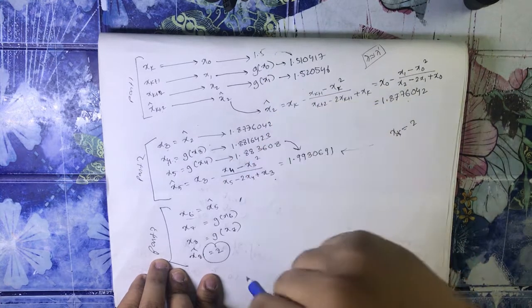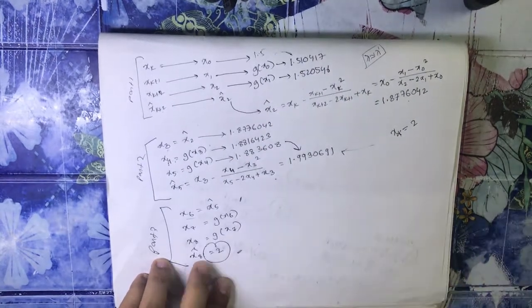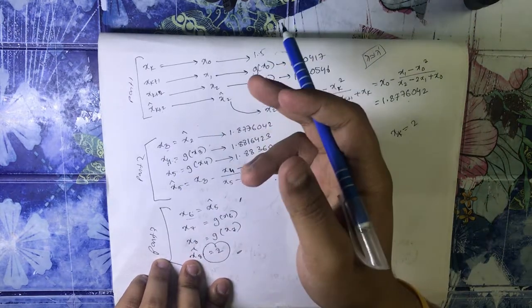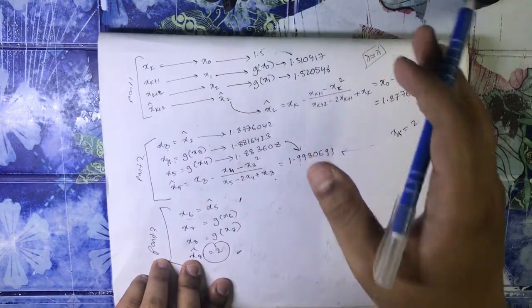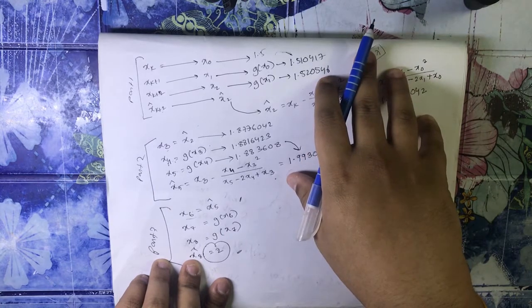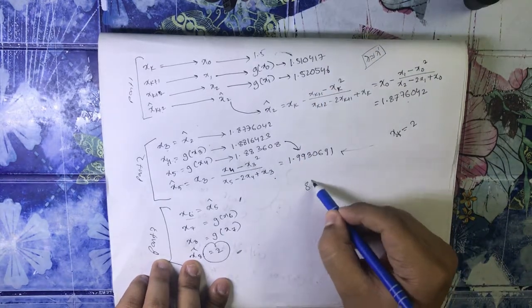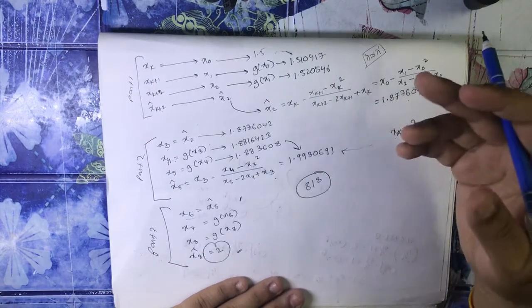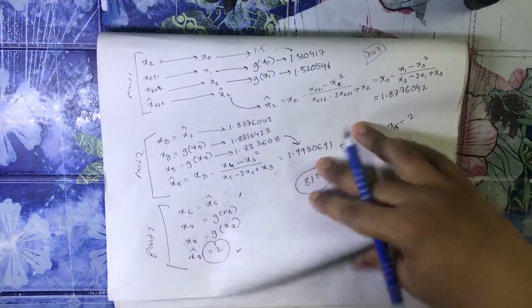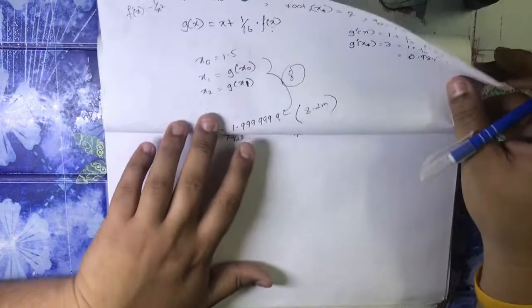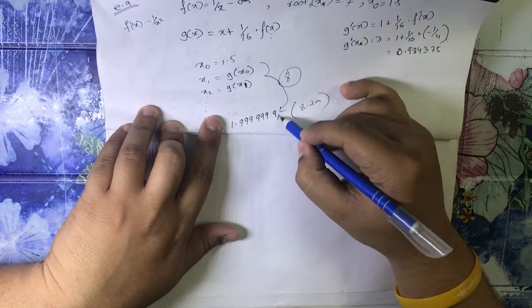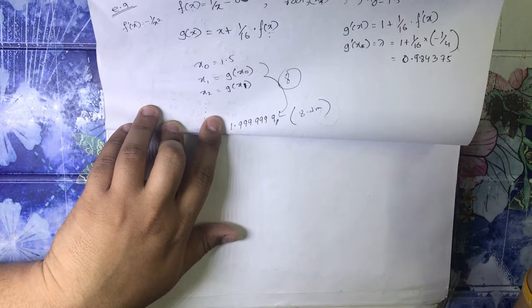Basically in 9 steps we are calculating the exact root of the function. Whereas in fixed point iteration, if we use the normal formula rather than Aitken acceleration, we would have taken 818 steps to get an answer correct to only 7 decimal places.